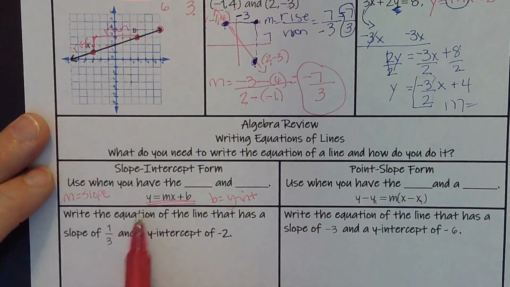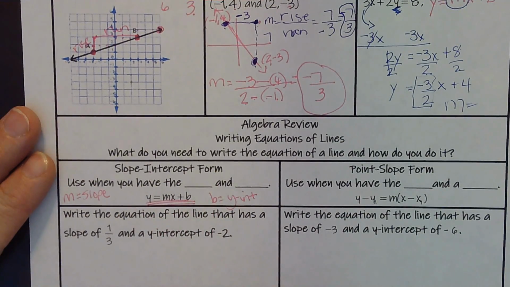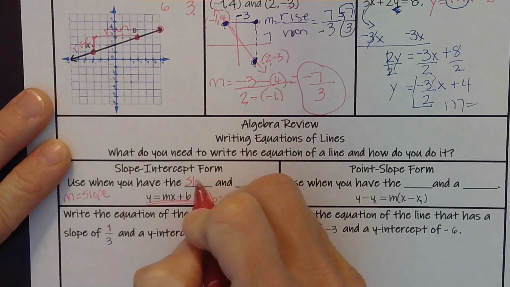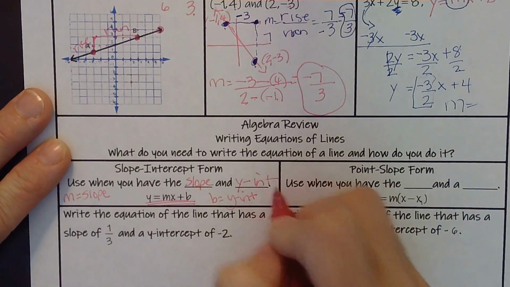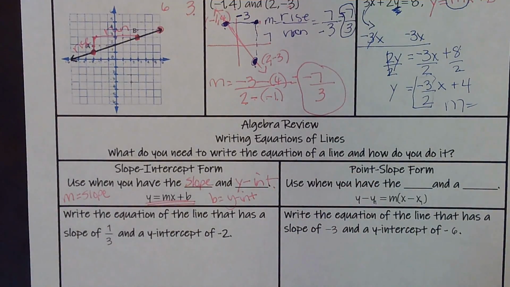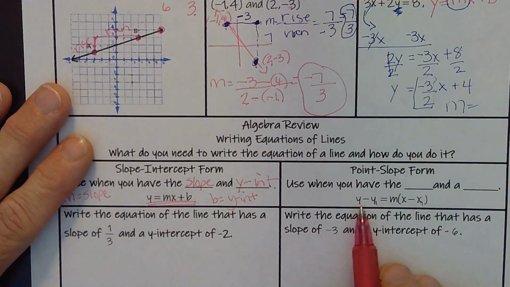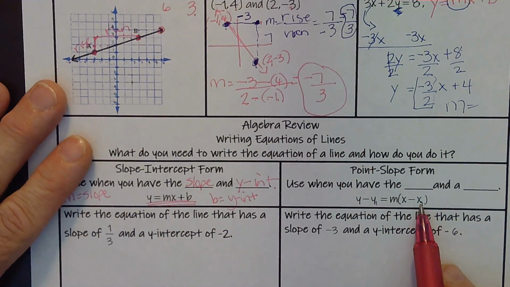Okay, so the slope-intercept form, y equals mx plus b, is useful when you have the slope and the y-intercept. Now there's another form of an equation, and that is y minus y sub 1 equals m times x minus x sub 1.